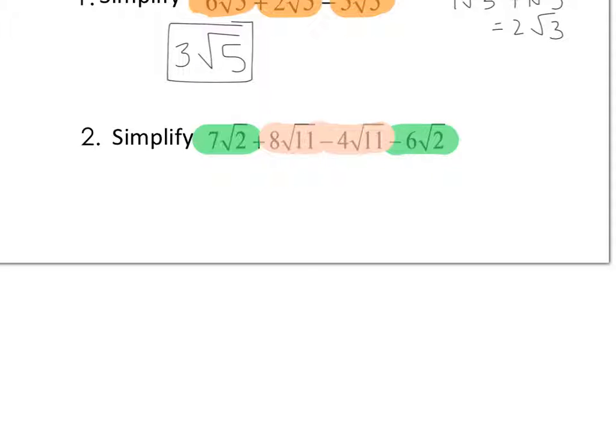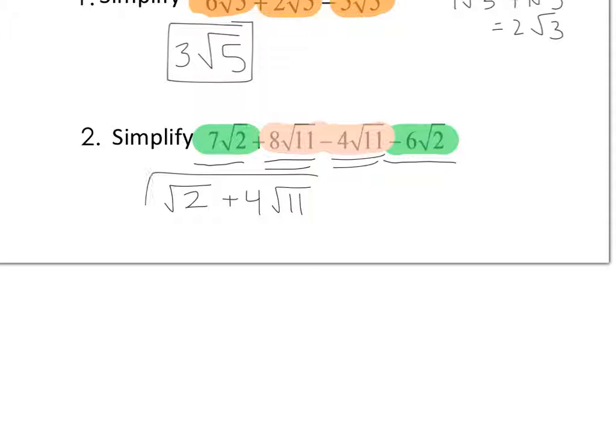I'm going to take the 7 square roots of 2 and subtract 6 square roots of 2 and get 1 square root of 2. And I'm going to take 8 square roots of 11 and subtract 4 square roots of 11 and get 4 square roots of 11. So all I do is add or subtract the numbers that are in front of the radical if I have like radicands.